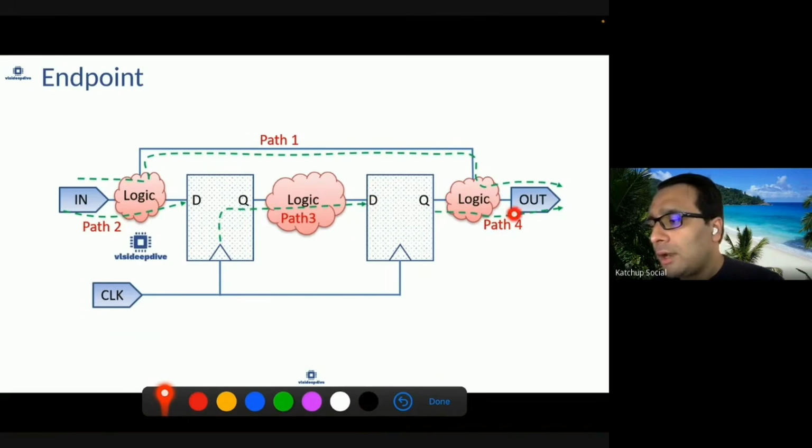For this path, endpoint is this output port. And for this path, endpoint is this output port again. So start points are input port or sequential clock pins. Endpoints are output ports or data pin of sequential. There are some exceptions to these, but this is the thumb rule.